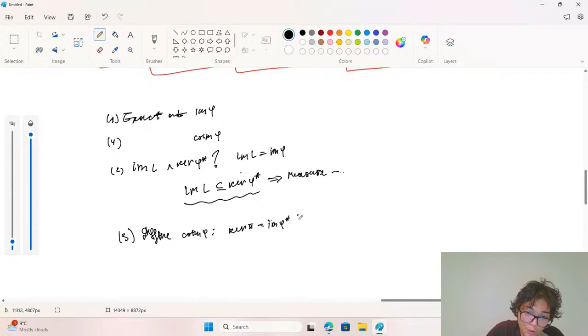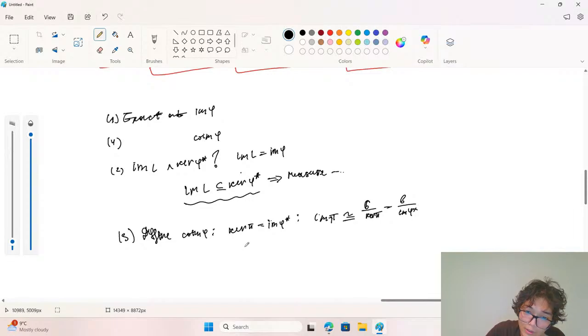So if so, we'll get that image of pi is isomorphic, or equal, to G factorized by kernel pi by the first isomorphism theorem, and it's equal to G factorized by image of phi prime.